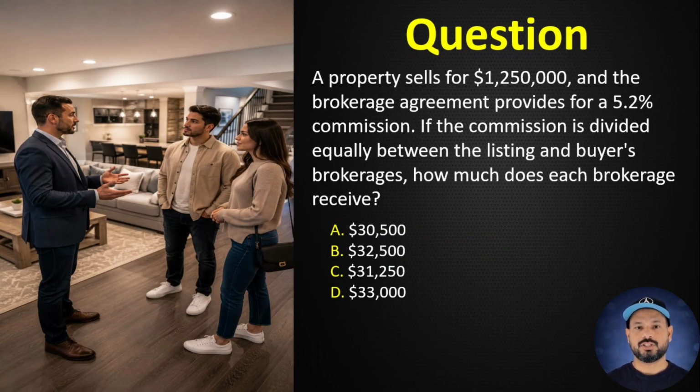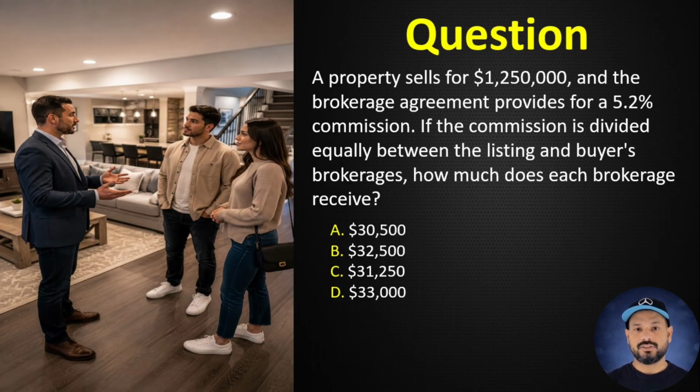Question number 32. A property sells for $1,250,000 and the brokerage agreement provides for a 5.2% commission. If the commission is divided equally between the listing and buyer's brokerages, how much does each brokerage receive?